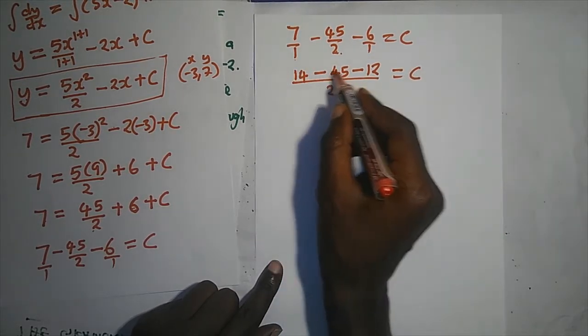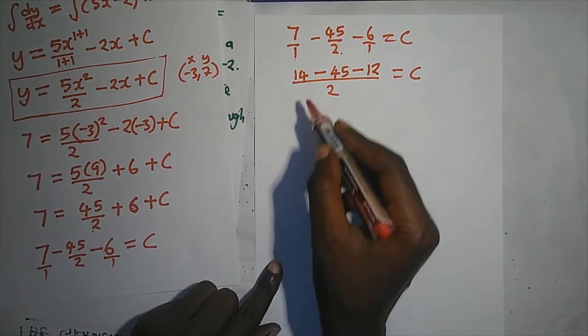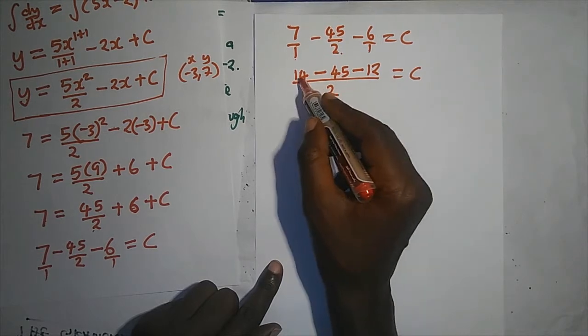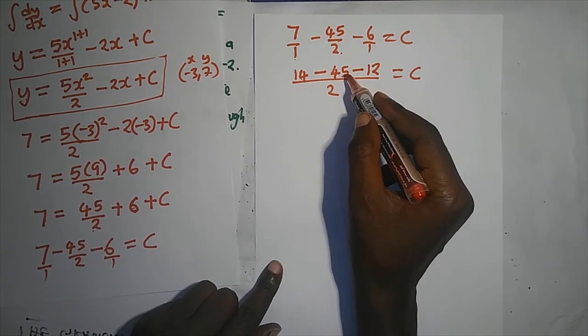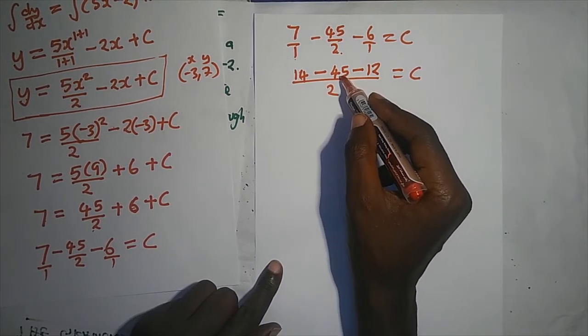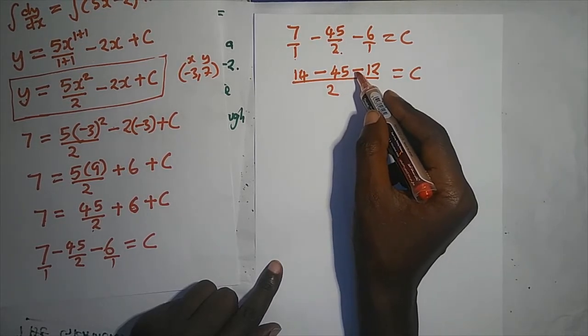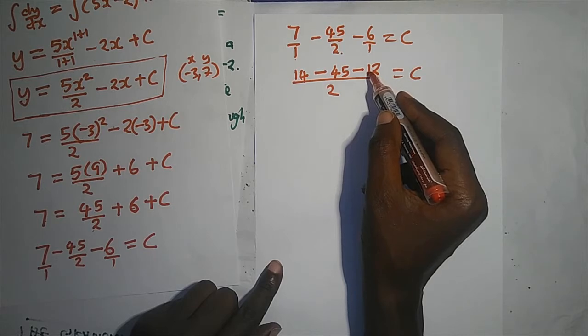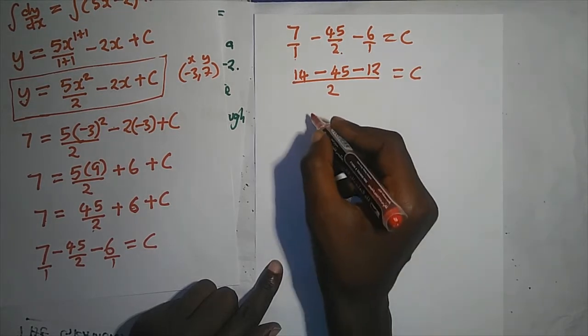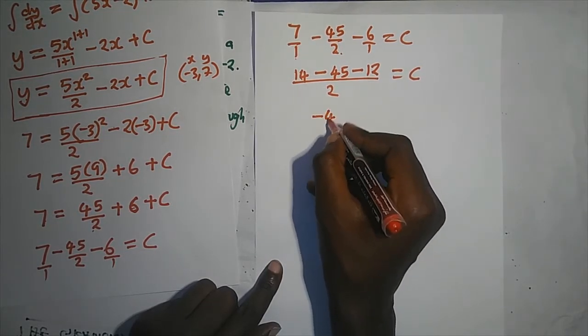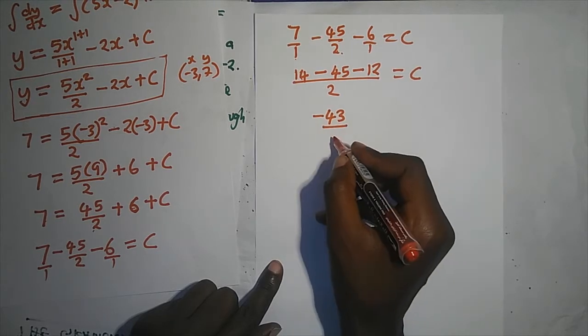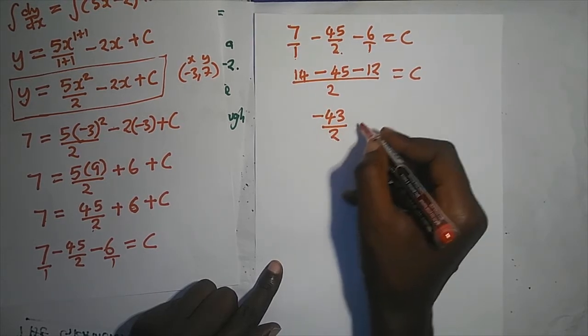Then we can simplify on top here: 14 minus 45 gives -31, and -31 minus 12 gives 43. So we have negative 43 over 2.